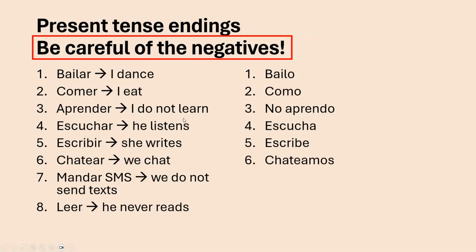Chatear becomes chateamos, because we take away that AR and we're still left with an E. Some people take away too many letters and we want to keep it as chateamos. Then we have mandar becoming mandamos in the negative. And the last one, well done if you remembered, it is nunca for never. So nunca leo. Make your corrections and let's move on.